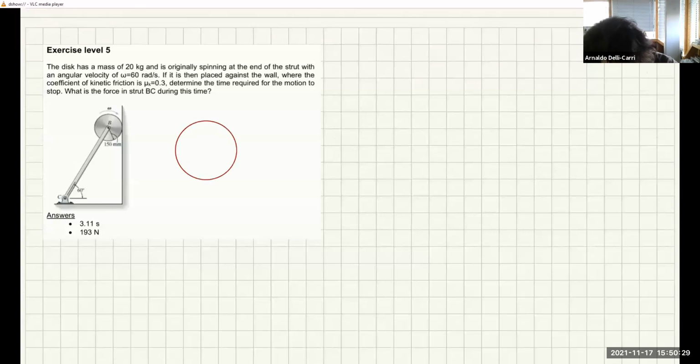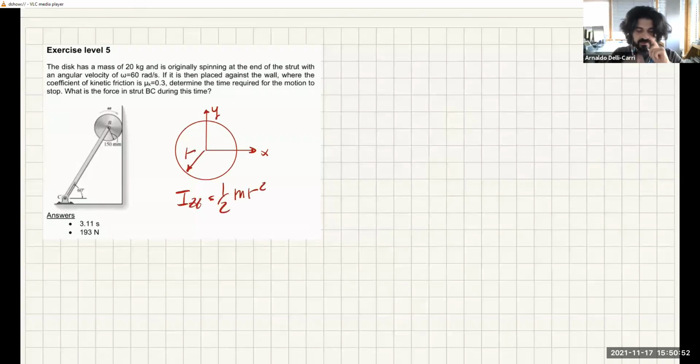Here's a disk, and let's say this is X, this is Y. You know that Izz here is 1/2 mr squared, where this r is the radius of the circle.